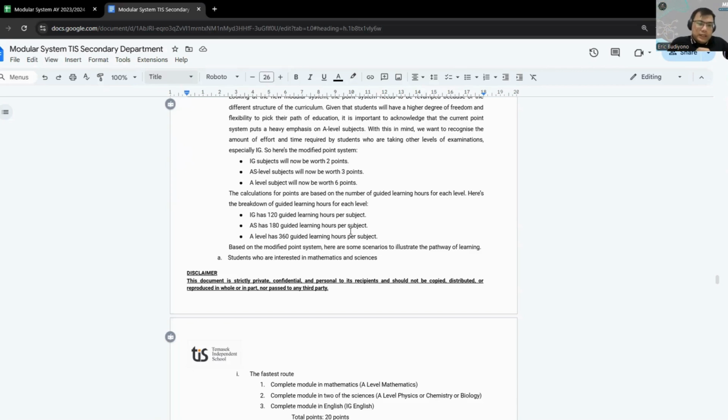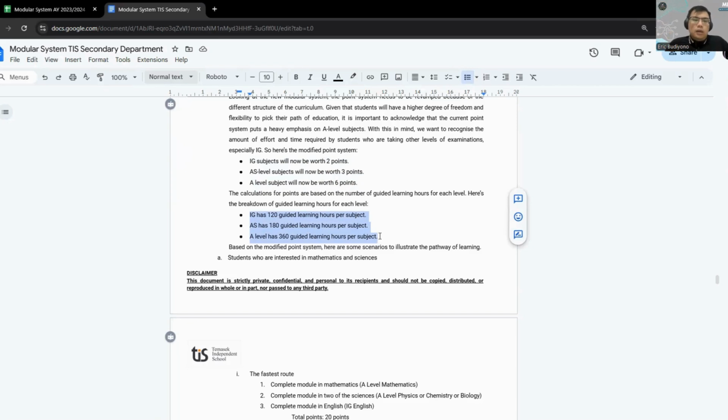Okay. So as you can see here, this is how the points work. If the students are taking one IGCSE subject, it is 2 points. AS is basically half of A level, 3 points, and A level is 6 points. And this is how we break it down. IGCSE is 120 guided learning hours, the amount of hours that the student needs to spend with the teachers in the classroom.